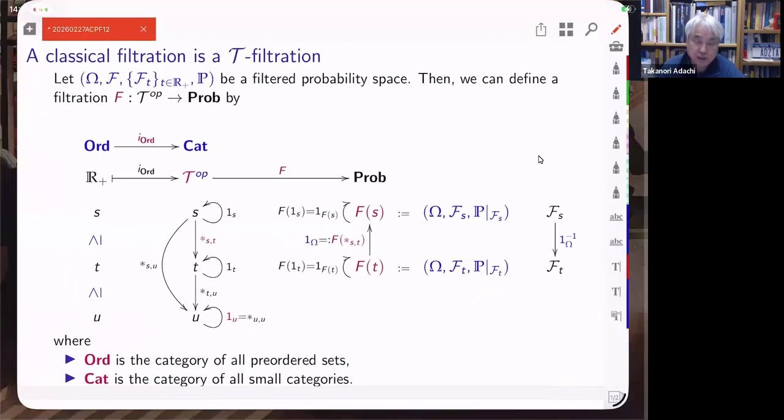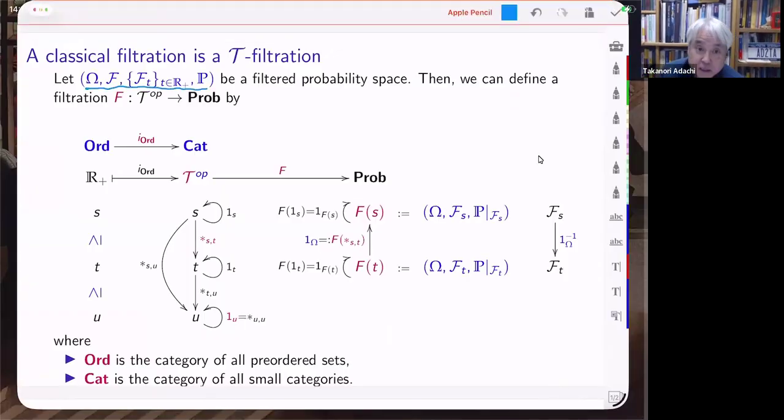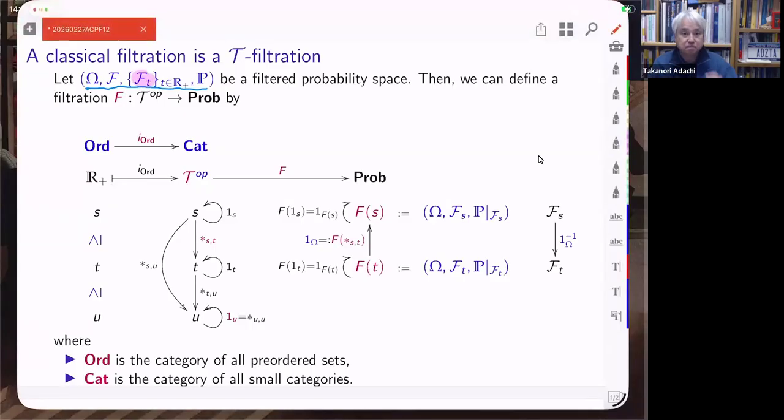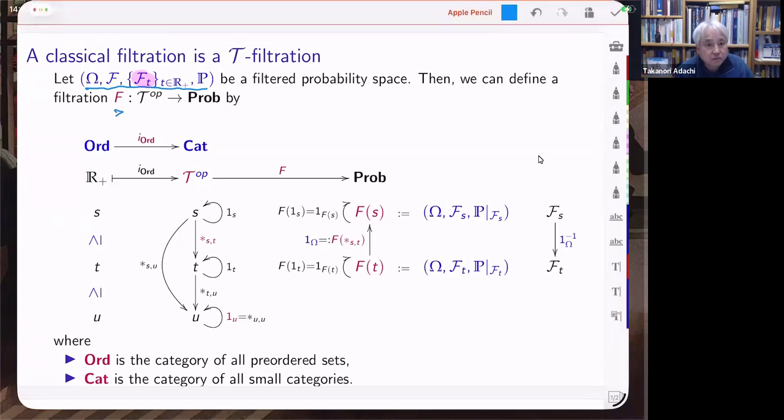Okay, if we have the classical filtrations, this is a filtered probability space in a classical sense. So among that, of course, this F_T is filtrations. Then from this we can define our filtration F, which is a contravariant functor from T to Prob, in the following way.